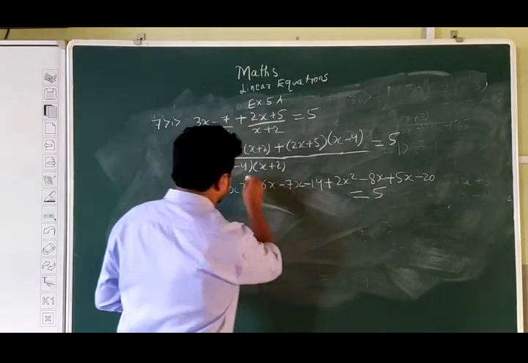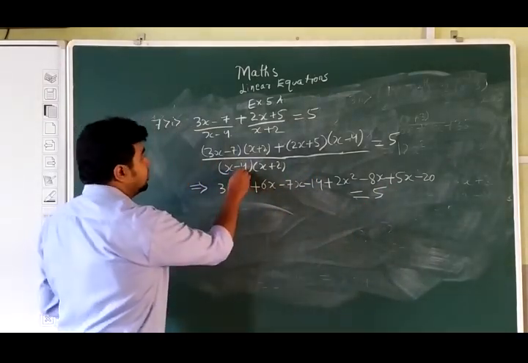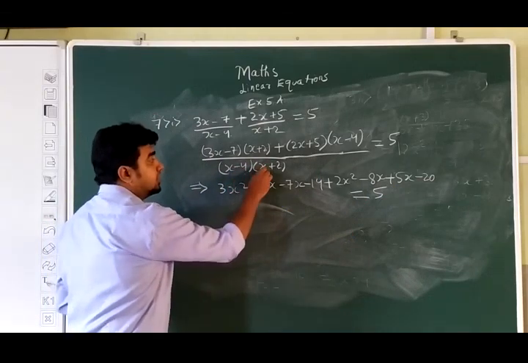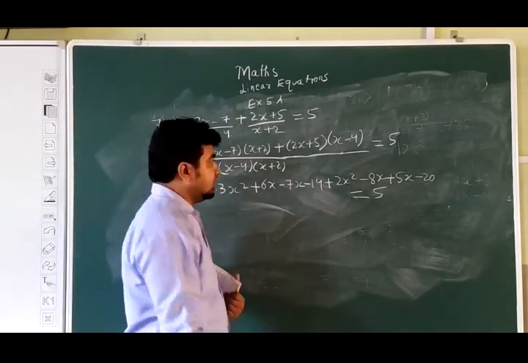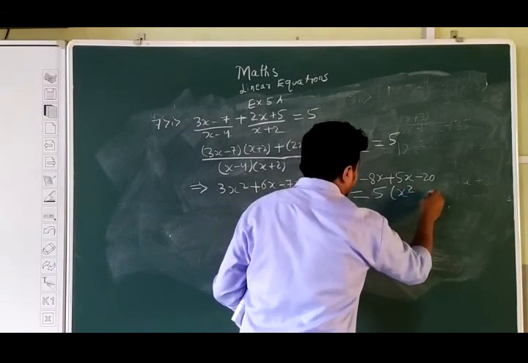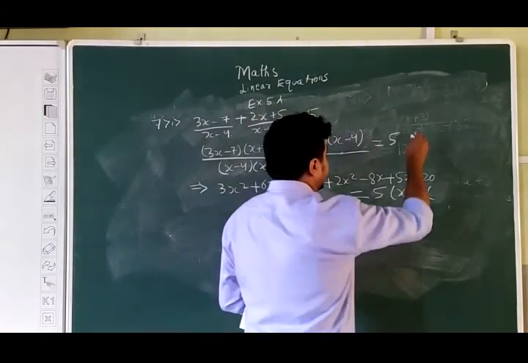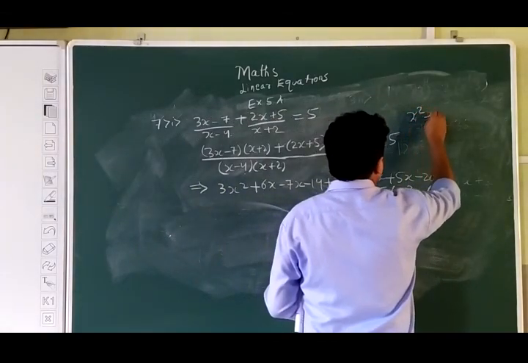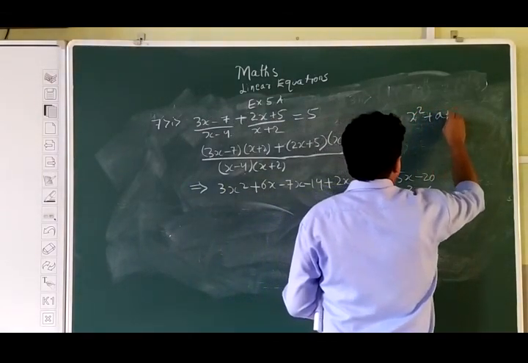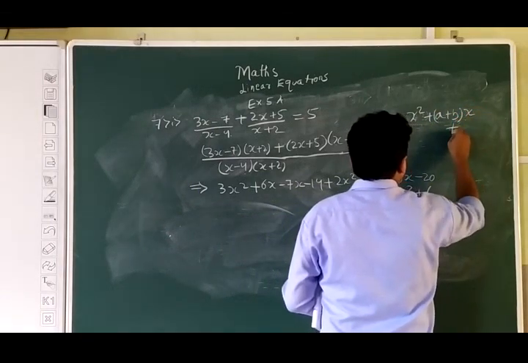And we know that this is also of the form special product, (x minus a) and (x plus b). So we can write it as x square, first term will be x square, then x square plus (a plus b) into x plus ab.